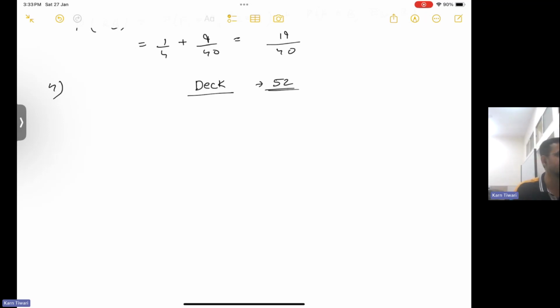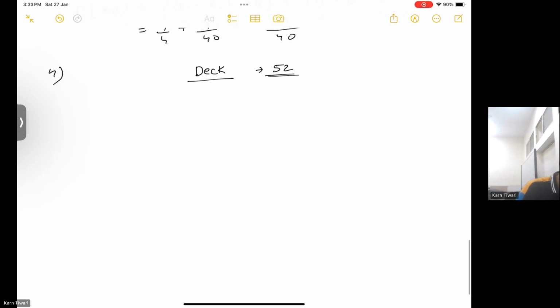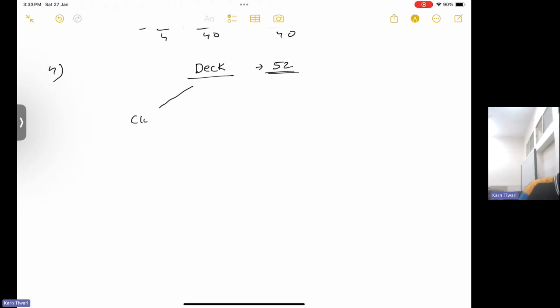Just type deck of cards in Wikipedia. It's a standard deck. We have a total of 4 suits: suit 1 of clubs, suit 2 of diamonds, suit 3 of hearts, and suit 4 of spades.